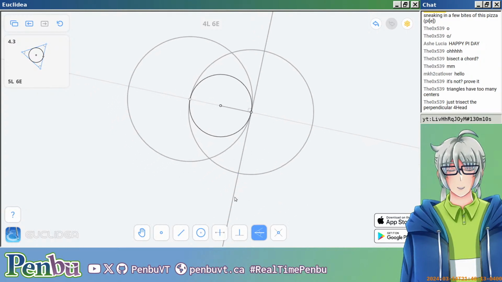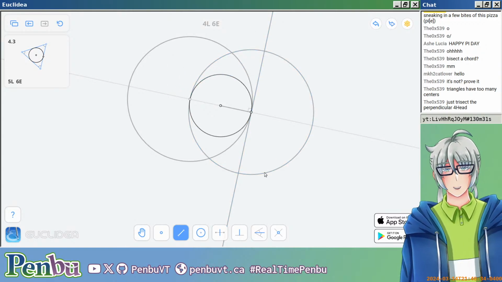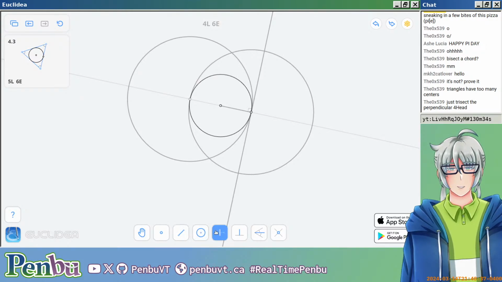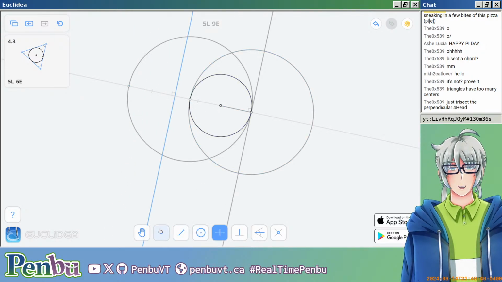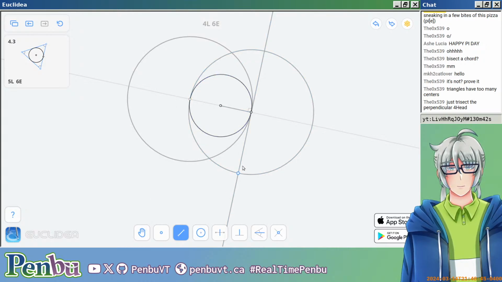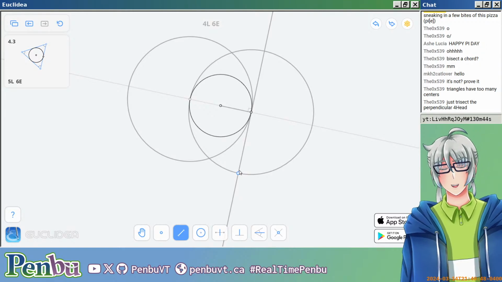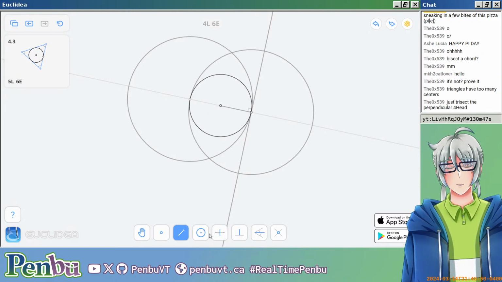Can we use this line somehow? Is it perhaps the perpendicular? Oh, no, of course not. Okay. Is it perhaps this here? That's also a bit of a long shot. Okay, so maybe we do have to construct the 60 degrees. How did we construct the 60 degrees last time?